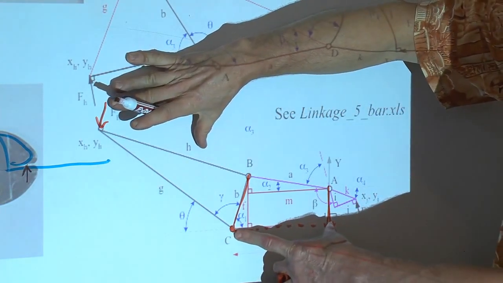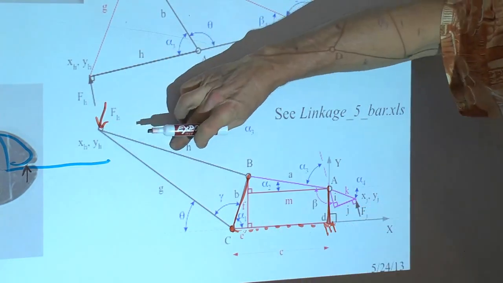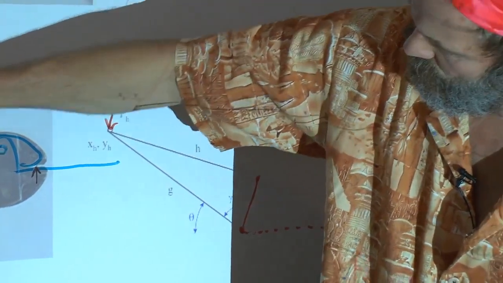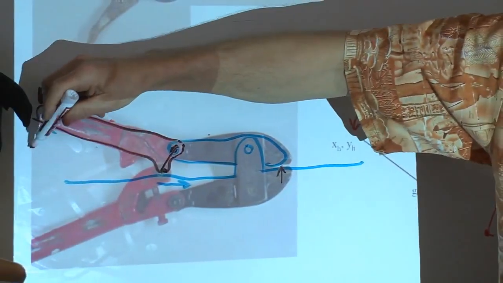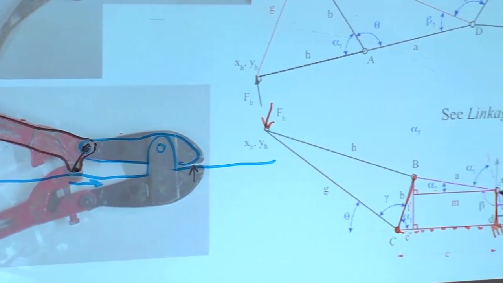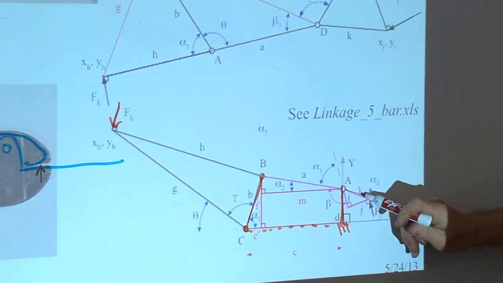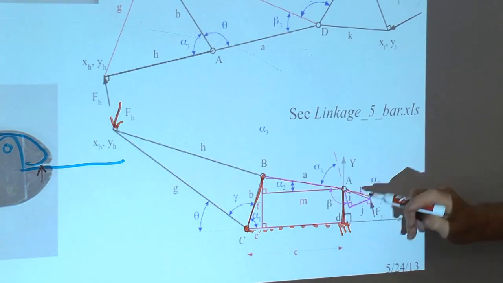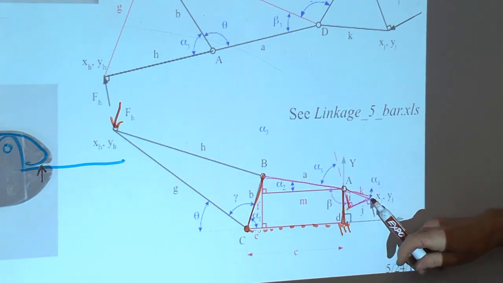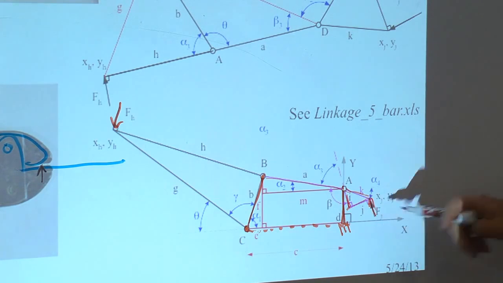Play the movie in your mind. This is going to go up, and these links, which are not collinear, will straighten out and actually become collinear. Right? The way I've drawn the purple here, this is the jaws. And here's the cutting force.